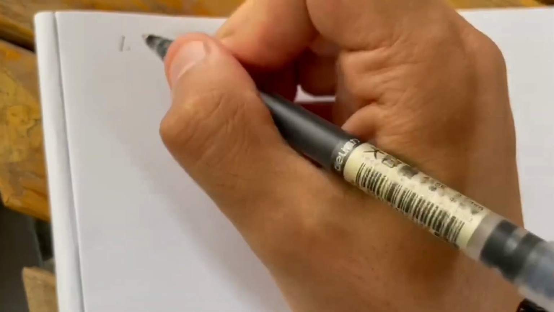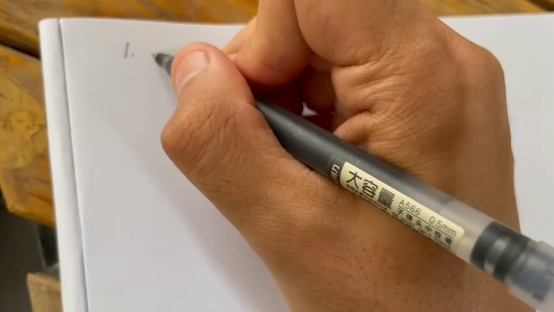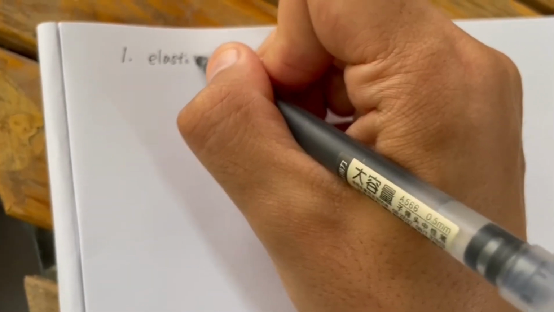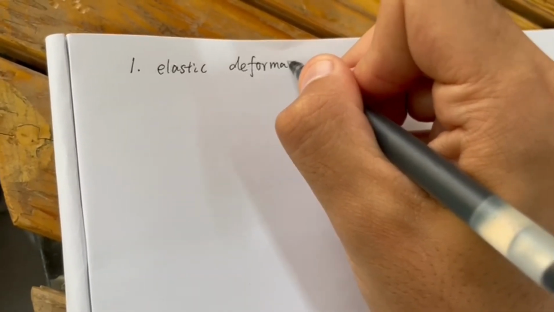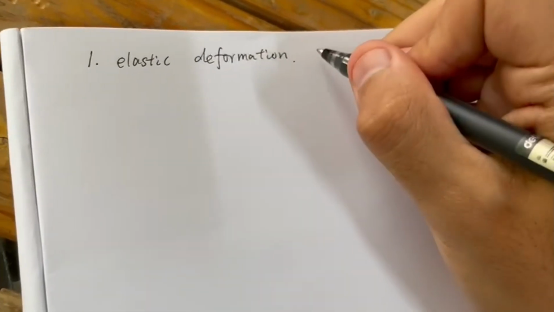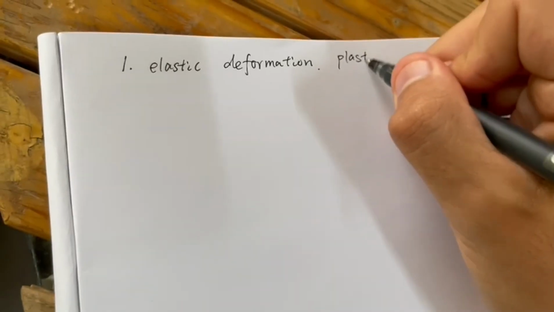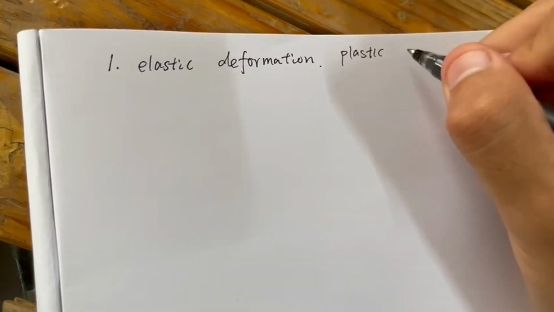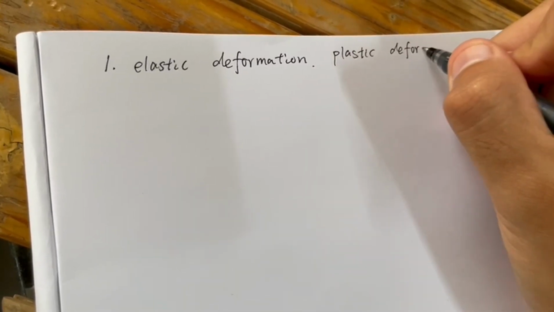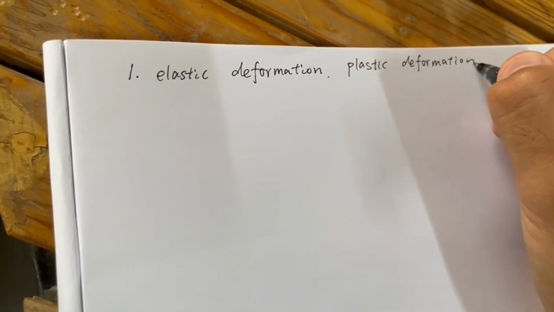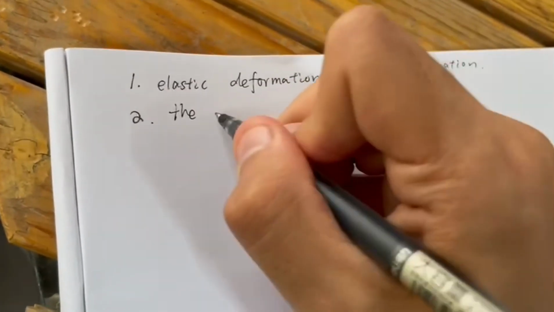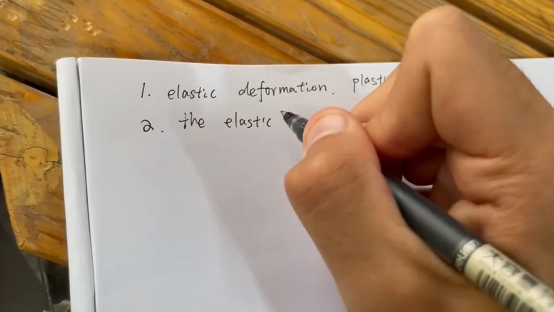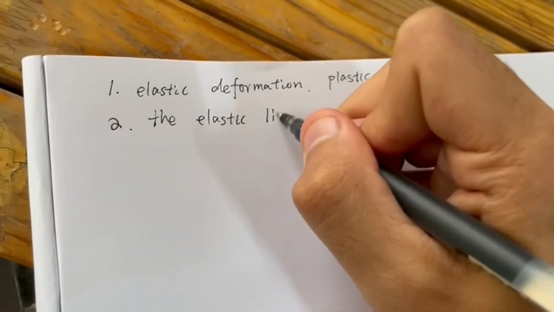Today we will learn about these topics. Firstly, what is elastic deformation and plastic deformation. Secondly, the elastic limit.